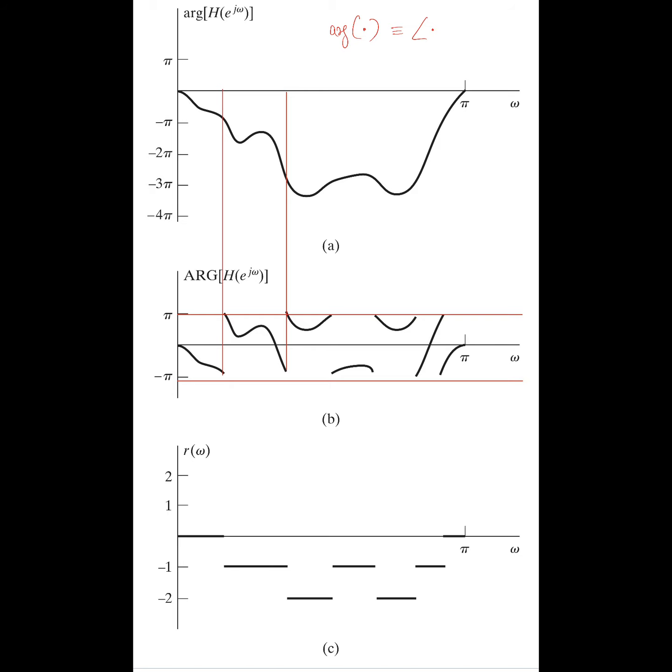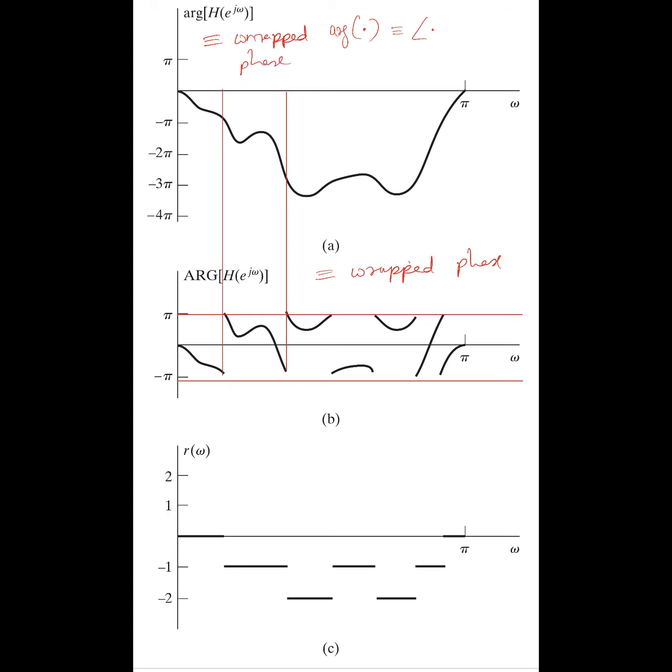So this principal value we define as the wrapped phase, of course, because it is wrapped between minus pi and pi, and this one we generally define as the unwrapped phase, which is continuous.